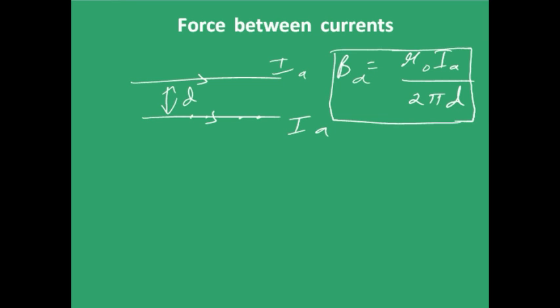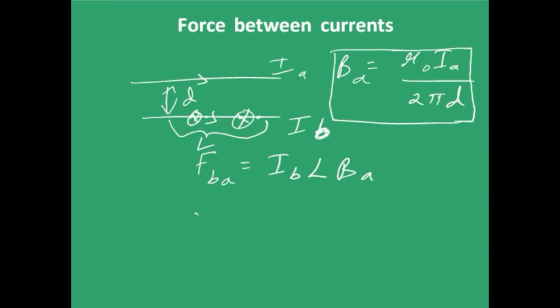Now, the direction of this magnetic field will be into the screen. Due to this magnetic field, the wire B experiences a force, and that is given by ILB, as you know. Force on B due to magnetic field A will be the current of wire B into, say I want to calculate the force on a particular length L, and the magnetic field here is BA.